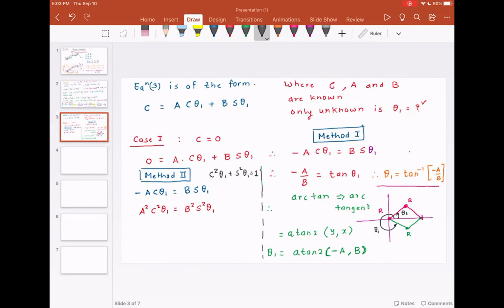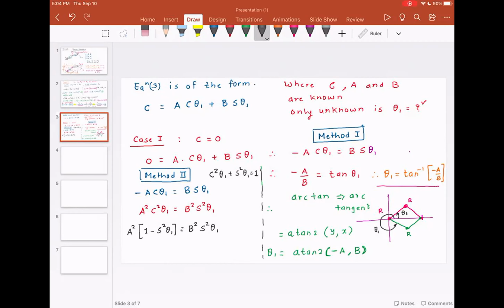So what I could do now is replace a square cosine square theta with a square times (1 minus sine square theta 1), which is equal to b square sine square theta 1. So now what has happened is I have replaced the cosine square term with a sine square term.